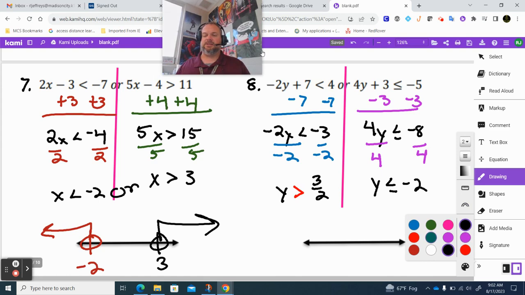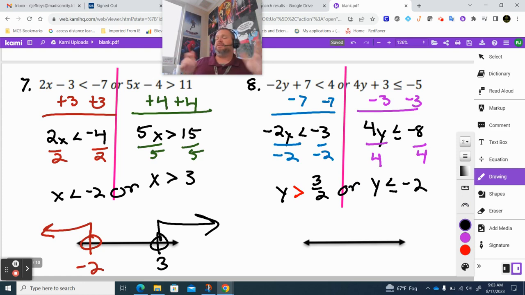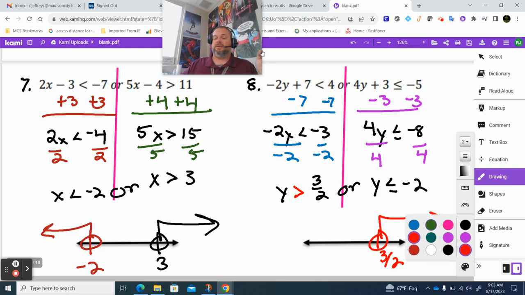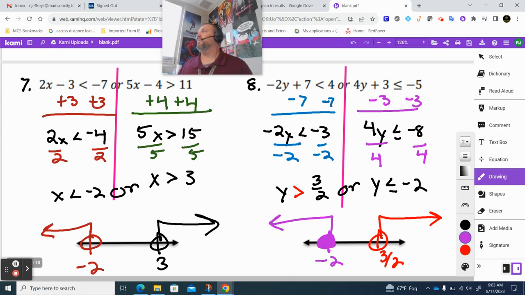Interesting. Very, very interesting. The reason why it's interesting is because for the first time, the problem on the left has a graph that goes to the right. And this one, the problem was on the right, but its graph goes to the left, and it's closed. So just because the problem is on the left-hand side does not mean that its graph is going to go to the left.